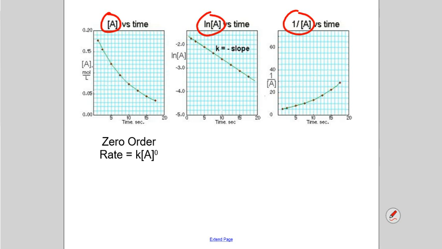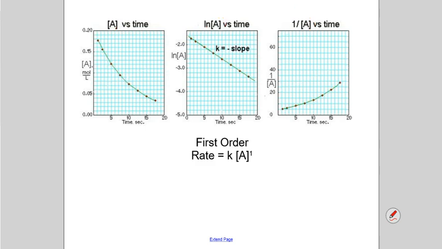If it was the concentration versus time, it would be zero order. But you can see this graph is not linear, so this particular set of data is not zero order. In the natural log of A versus time, if it's linear, it's first order. Well, you can see we have linear data here, so this is definitely first order.